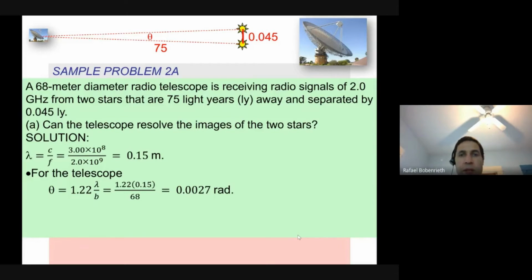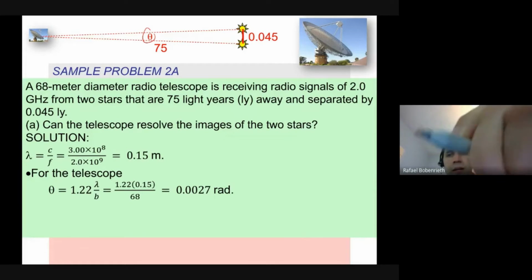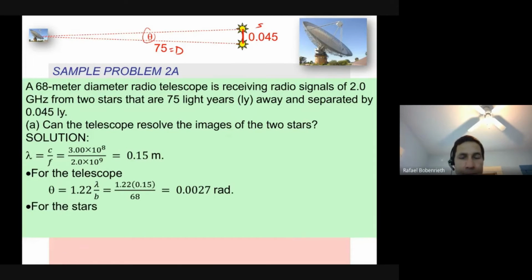So now what we just need to do is figure out what theta is. Okay, and what is theta in this problem? It's just what we were just talking about, right? It's if this is S right here in arc length, and this is D, it's going to be S over D. So it's going to be 0.045 divided by 75, and we get this number.